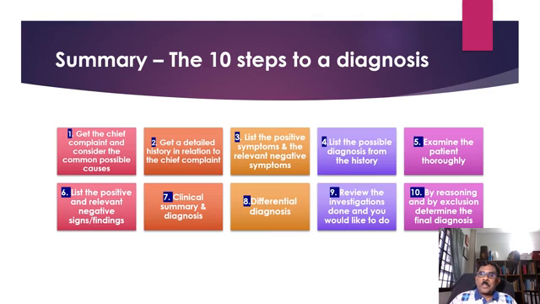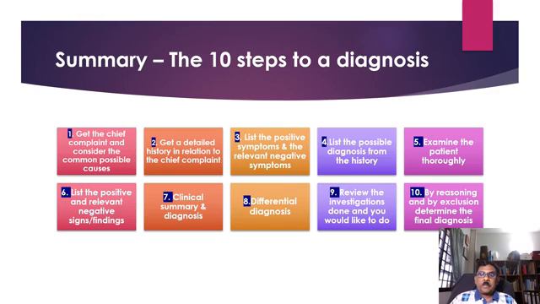Fifth, examine the patient thoroughly. The 6th step, list the positive and relevant negative signs and findings on physical examination. Step 7, clinical summary, and a provisional diagnosis is made. A few differential diagnoses are provided in step 8.